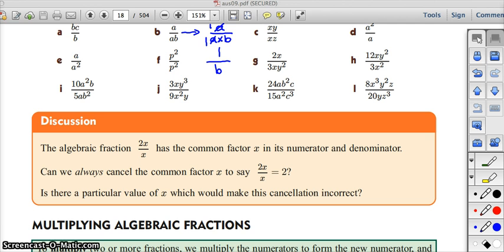Brooke, give me one other that you'd like us to go through. E? Yep. What would we have on our top line? Just A. Good. What would we have on our bottom line? A times. Good. You have expanded first there. Very good. Could we simplify that any further, Paris? A divided by A. Good.